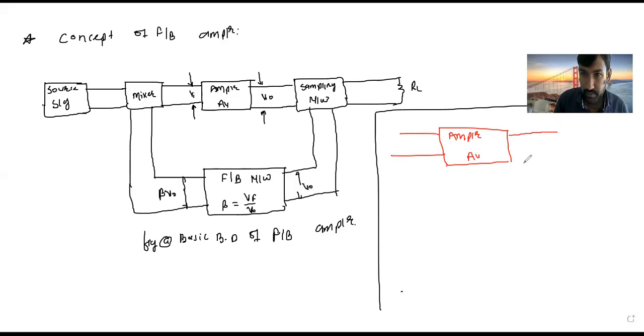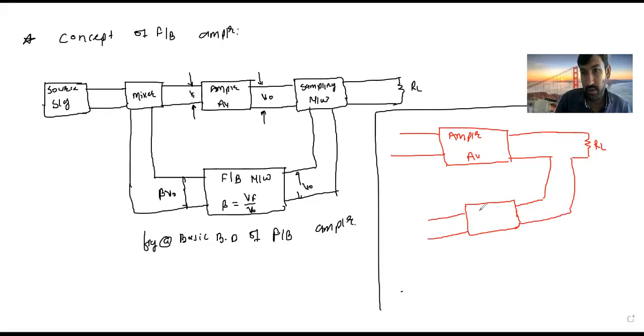Now the connection diagram. The amplifier connection is connected to the sampling block, right? This is RL. The feedback network. Okay. So now the hidden connection diagram is there, right? Here one block is connected.